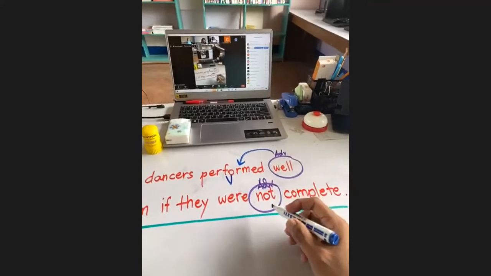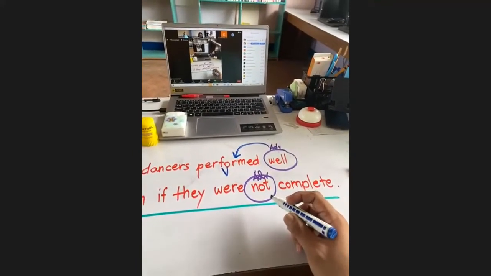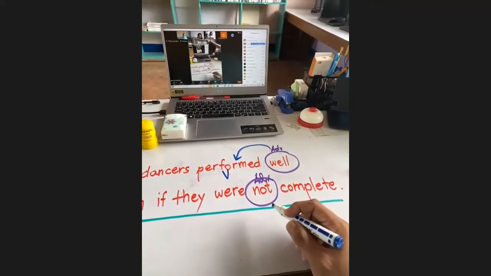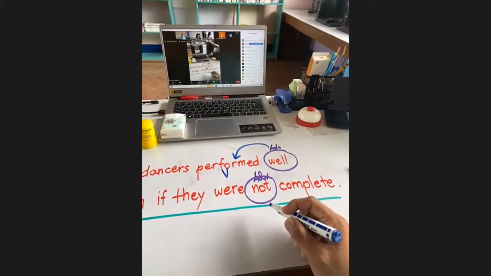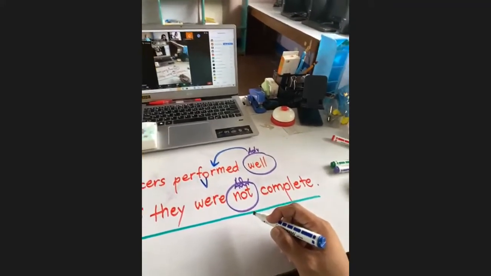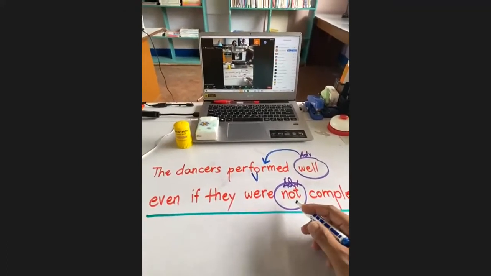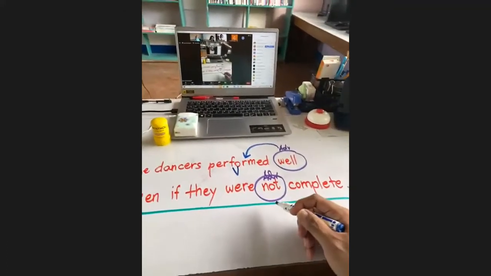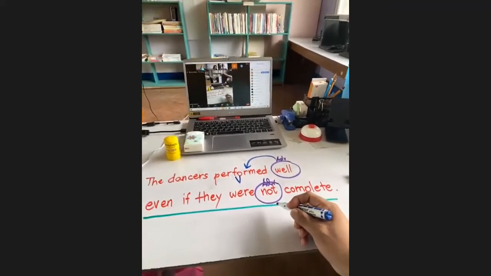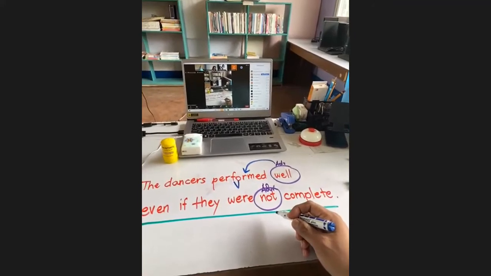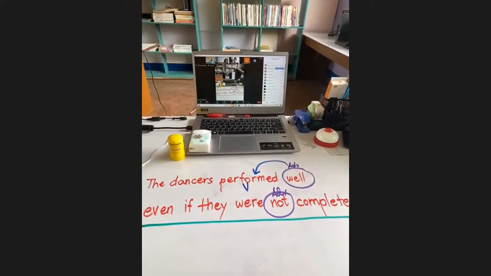The second one that's encircled is the word not. And the word not here describes what word? They. Are you sure? Not is an adverb, therefore it should not describe a pronoun. Adverbs do not only describe verbs, you also have adjectives or other adverbs.